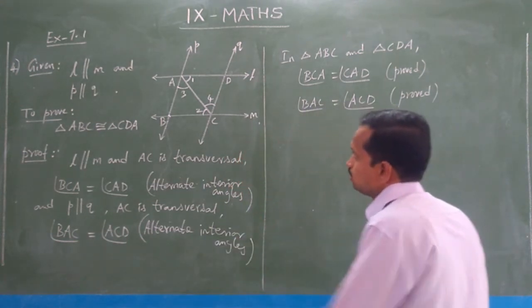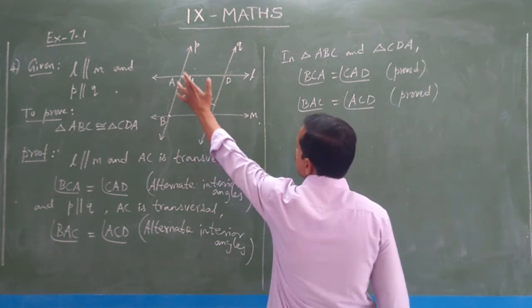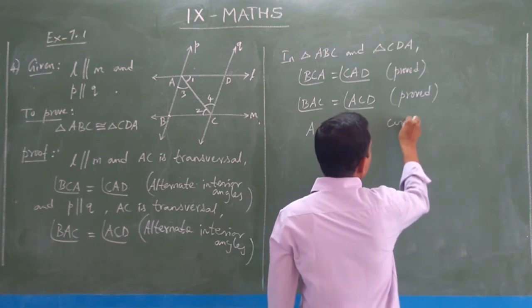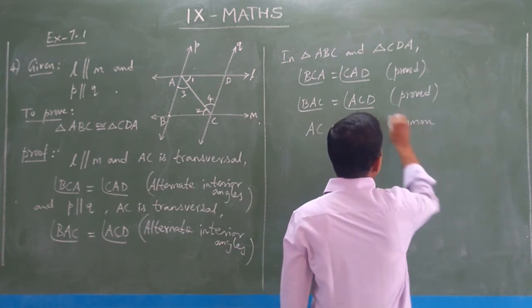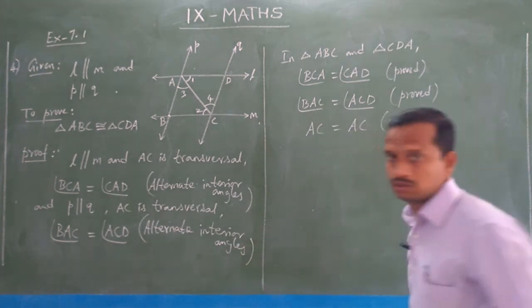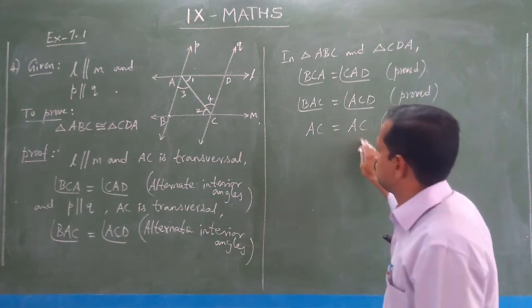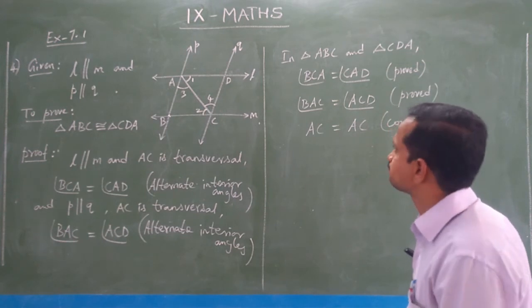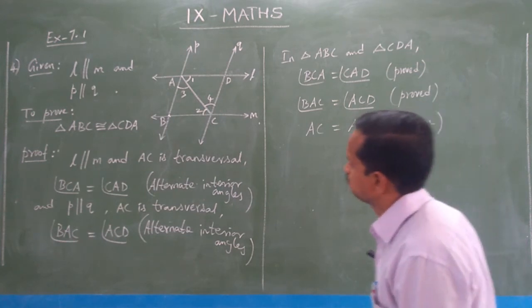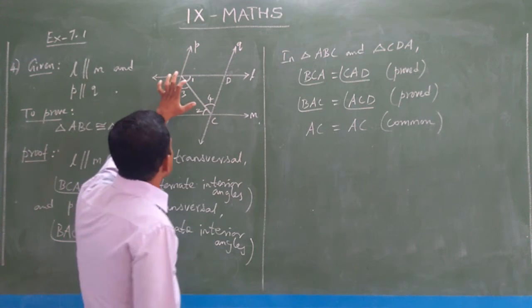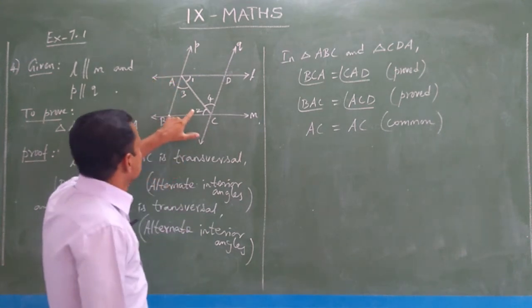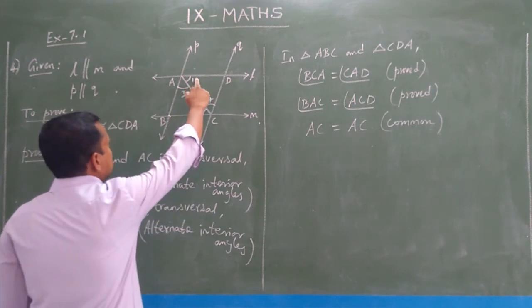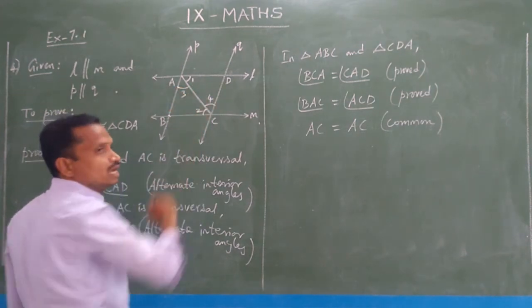And now you see in these two triangles, AC is common side. AC equal to AC common. Or you can write AC equal to CA. Everything equal only. So AC equal to AC, that common side. So two pairs of angles and one pair of side. You see here. So here this angle BCA, 2 and 1, and this 3 and 4, they are equal.